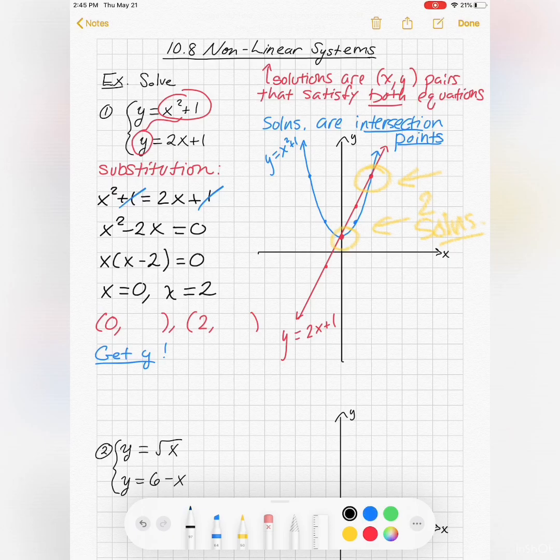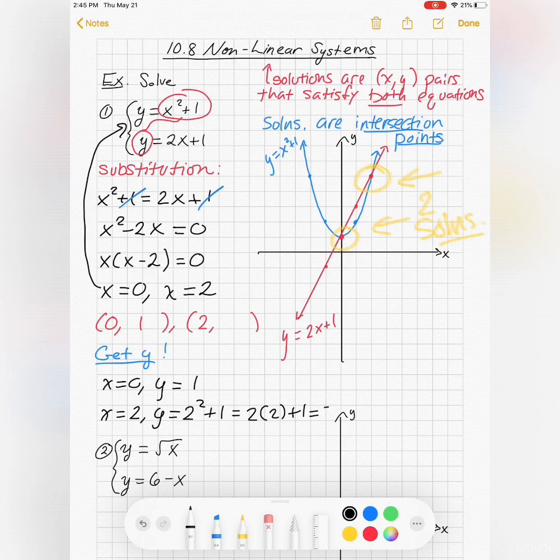So what I have to do is take my solutions and plug those back in to get the matching y. If I use 0, then y is 0 plus 1, which is 1. For 2, 2 squared plus 1 is 5, or if I use the other equation, 2 times 2 plus 1 is also 5, right?